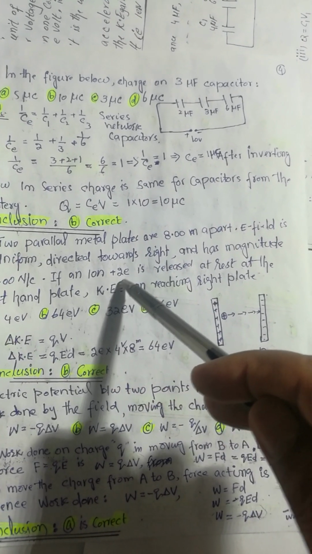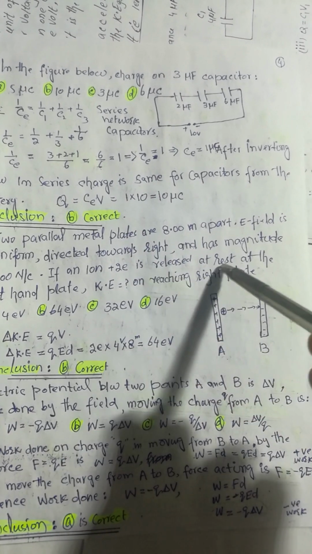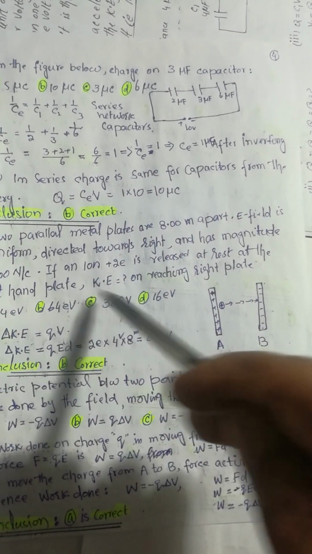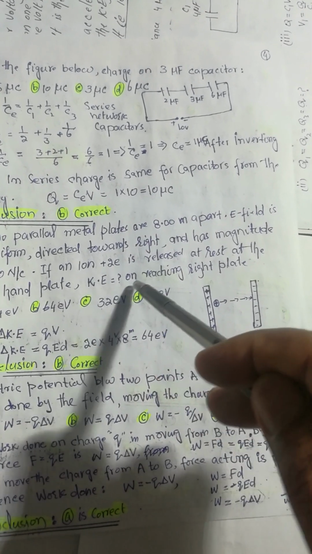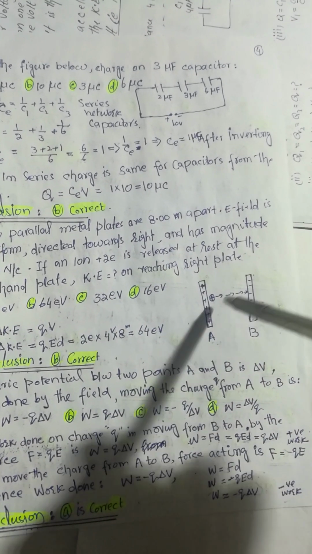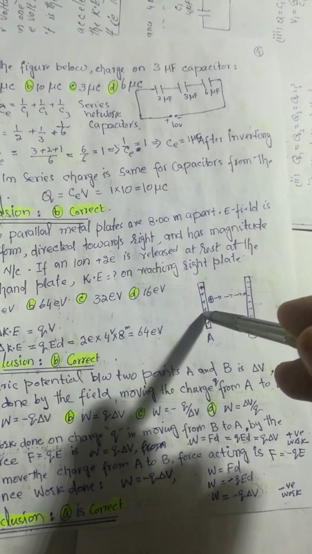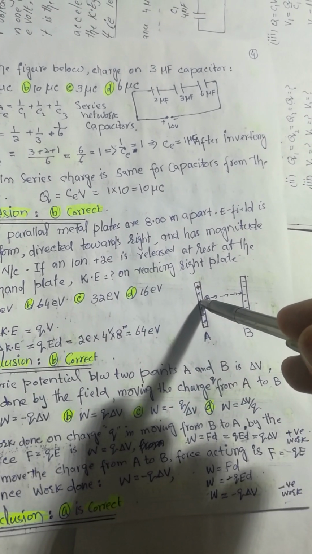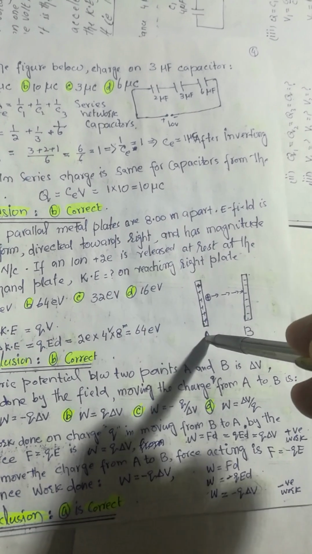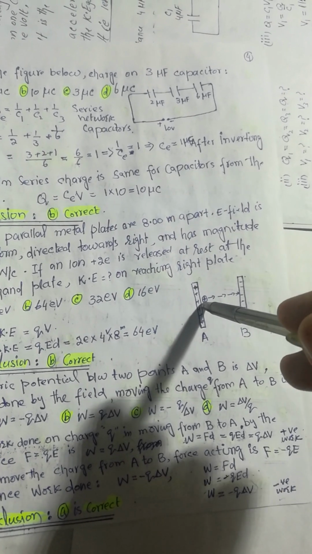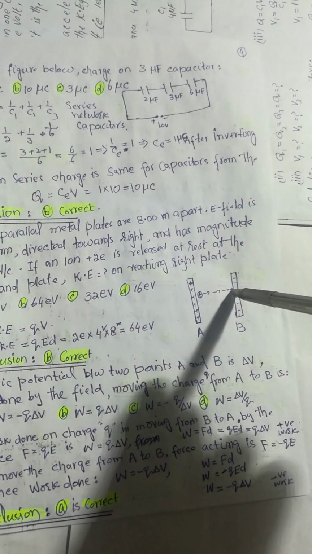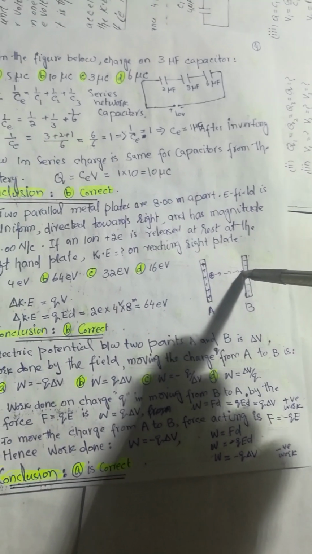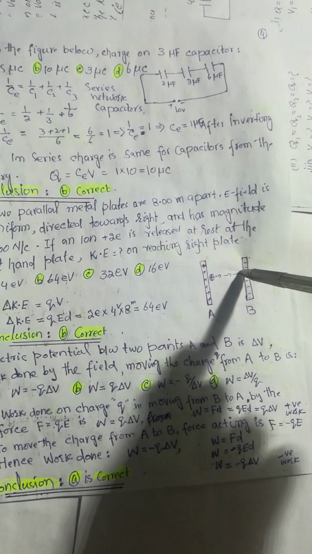If an ion of charge plus 2e is released at rest at the left hand plate, what will be its kinetic energy on reaching the right plate? Here the ion is released near the positive plate, and it will accelerate towards the negative plate B. On reaching there, we will find its kinetic energy.